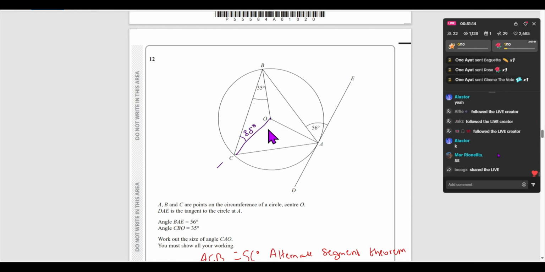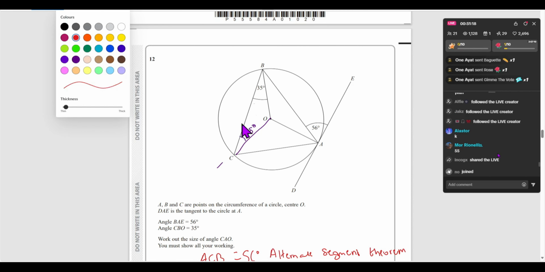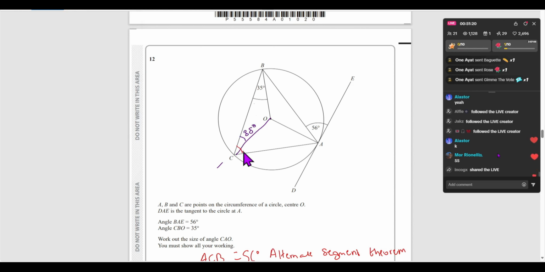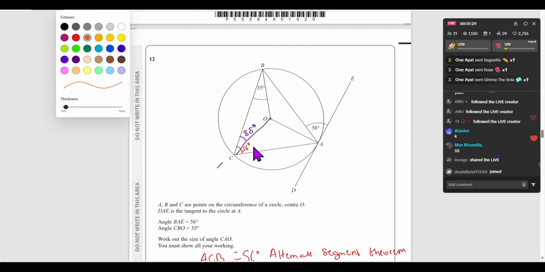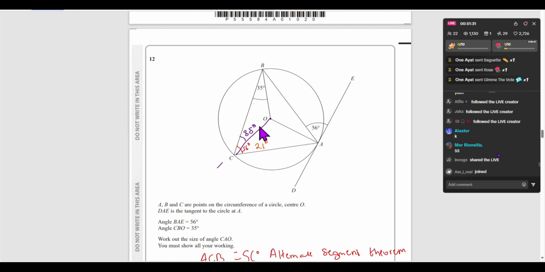As you can see, you knew this whole angle is 56 degrees. Now we can just work it out by subtracting 56 minus 35, and you will get 21 degrees. And then since this is an isosceles triangle, this will be equal to 21 degrees as well. And that's how we get 21 degrees.